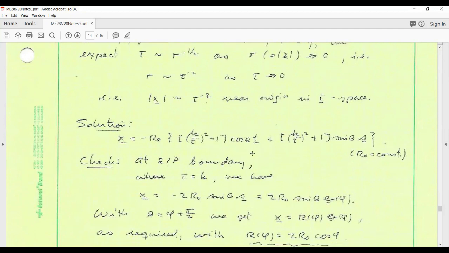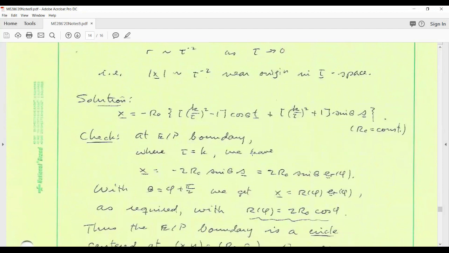Let's check to make sure that our conditions are satisfied. So for example, at the elastic plastic boundary, we want tau, the radius in stress space, to be equal to the yield stress in shear, right? So let's put tau equals K, then this parenthesis disappears. This becomes a 2.